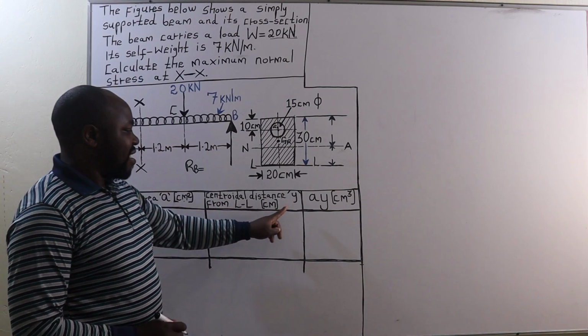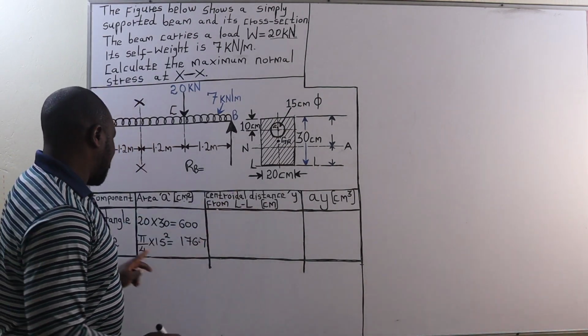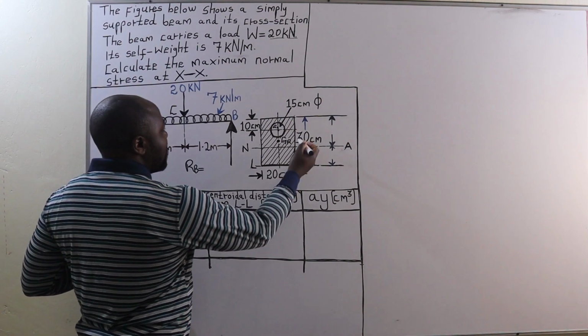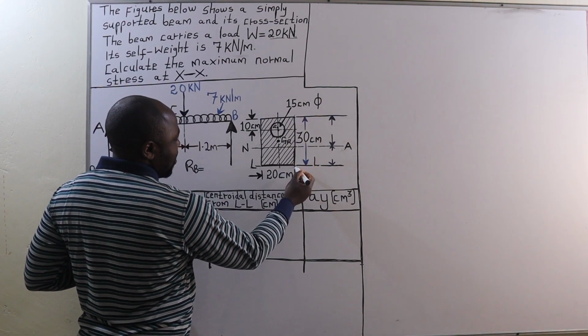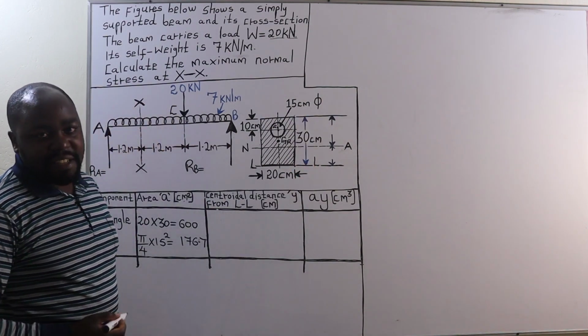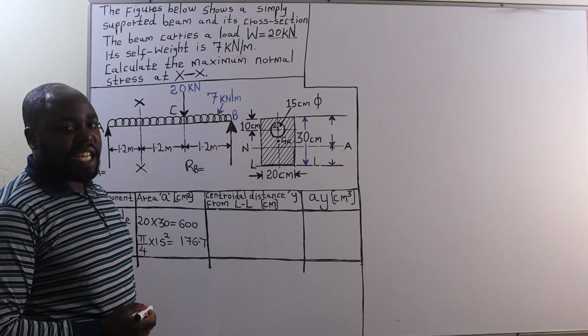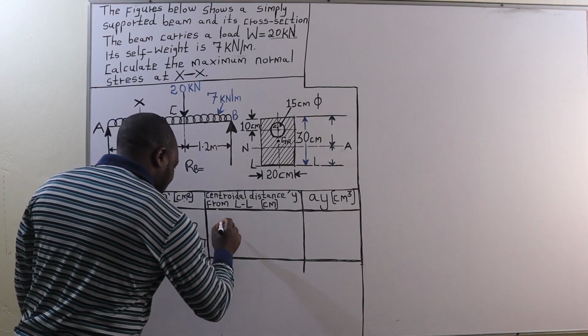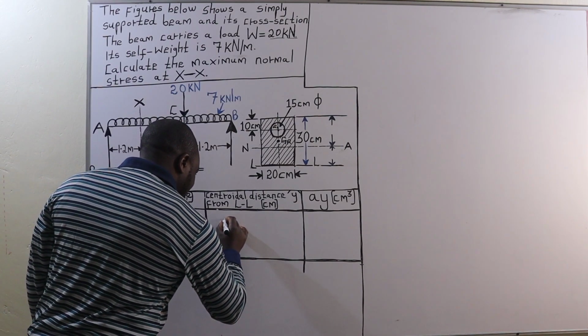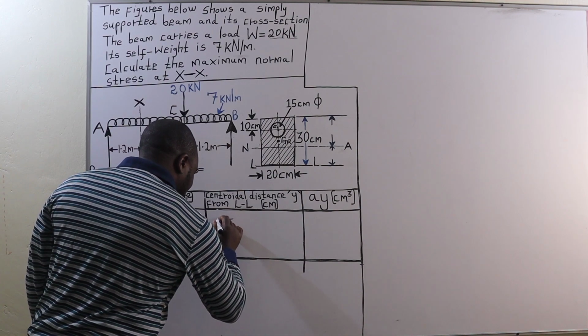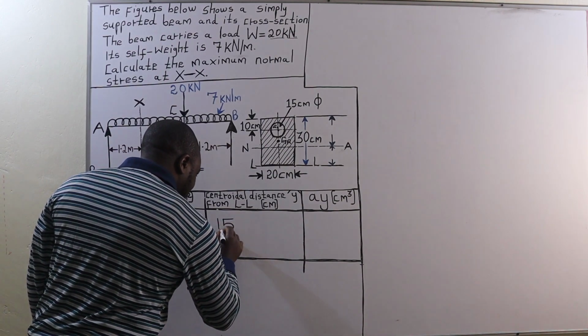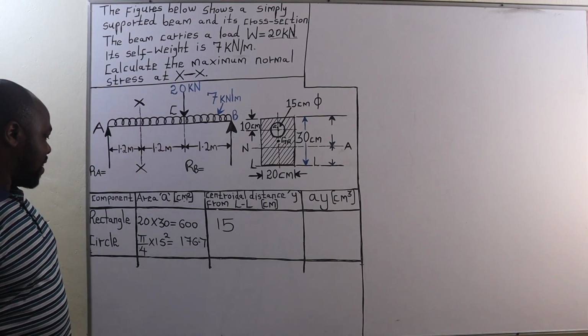The centroidal distance y from LL for the rectangle is half the depth of 30 centimeters, which is 15 centimeters. Therefore, y for the rectangle is 15 centimeters.